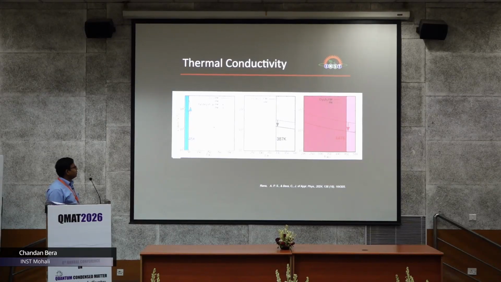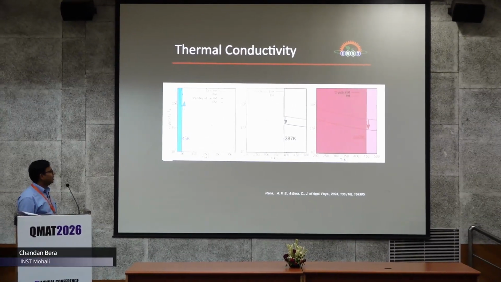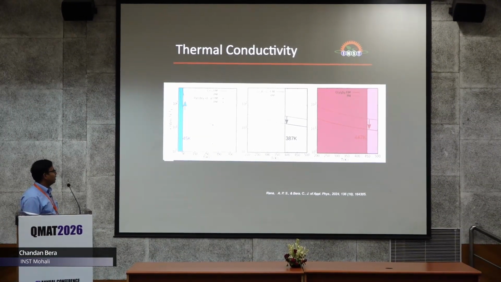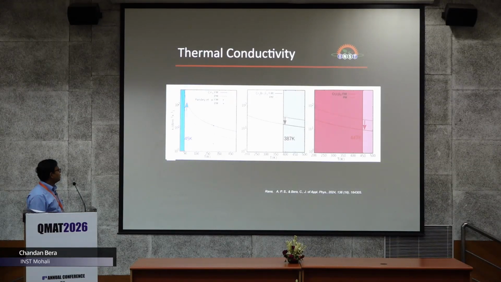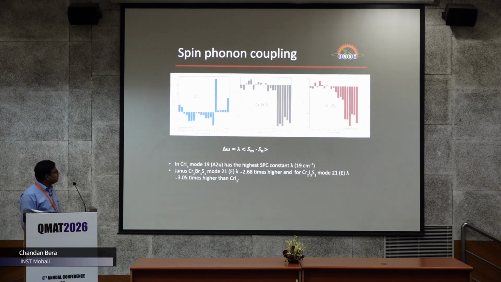Thermal conductivity again for these three compounds has two different types of change, similar to their phonon dispersions. For the chromium iodide structures, we observe that from paramagnetic to magnetic state the phonon thermal conductivity increases, but for the Janus structures thermal conductivity decreases when we go from paramagnetic to magnetic states, and this can affect their thermoelectric performance also.